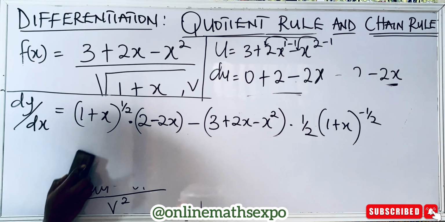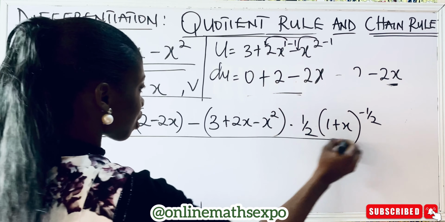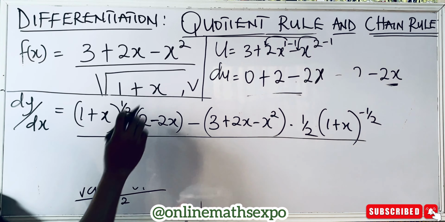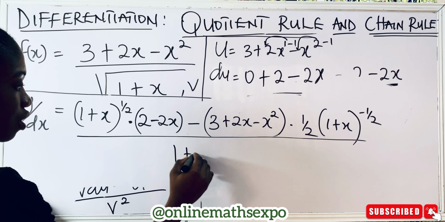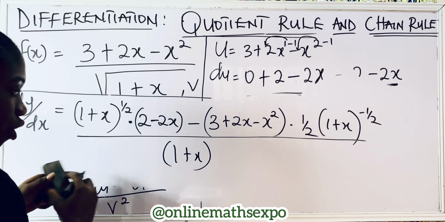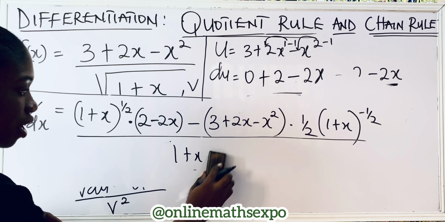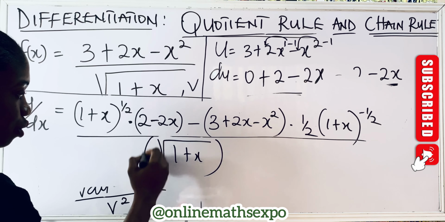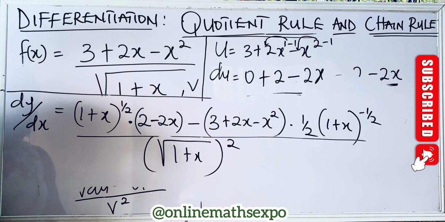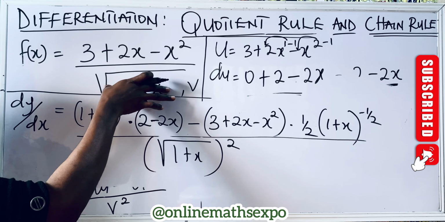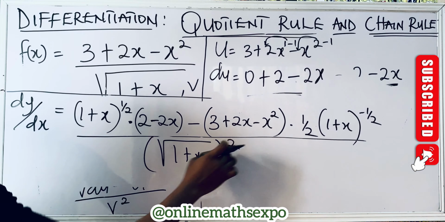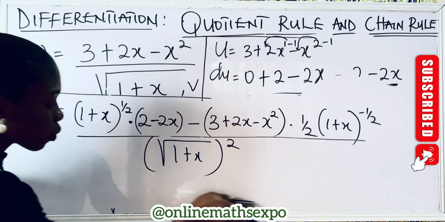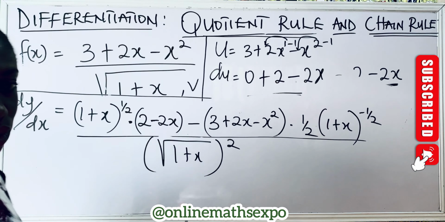Then all this will be divided by v, and our v is 1 plus x to the power of half, or you can still write it as square root of this, then raise it to the power of 2. Did you see that? Your v squared, this is your v, then we are raising it to the power of 2. So at this point, we have been able to do substitution.